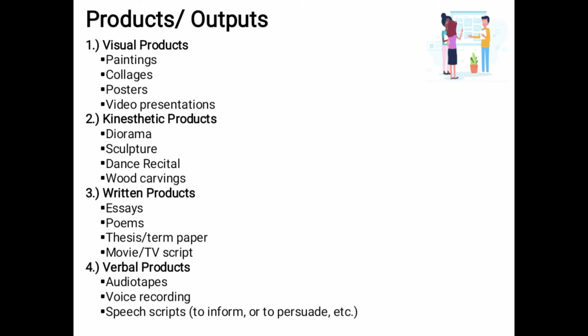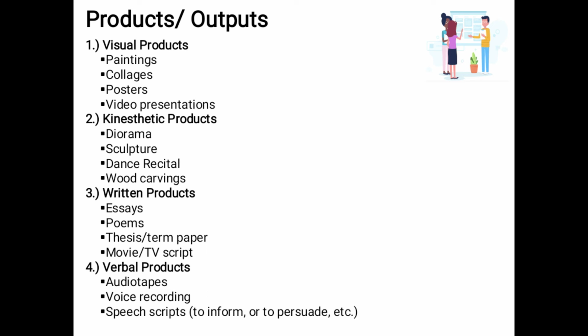So the second one talks about products or outputs. Number one, visual products, which has paintings, collages, posters, and video presentations.